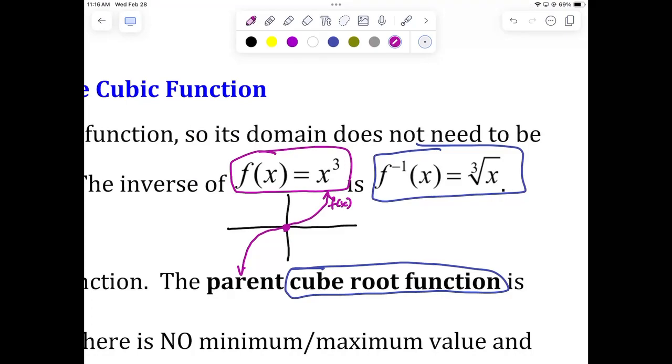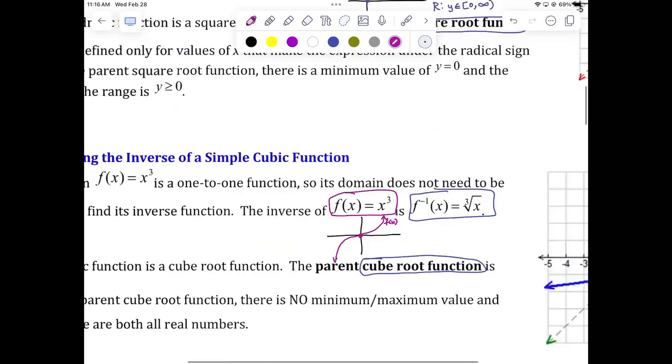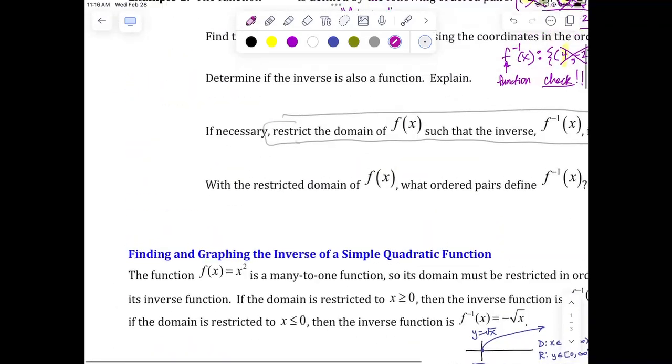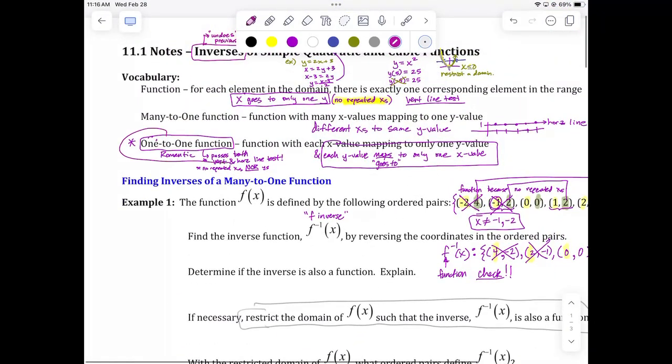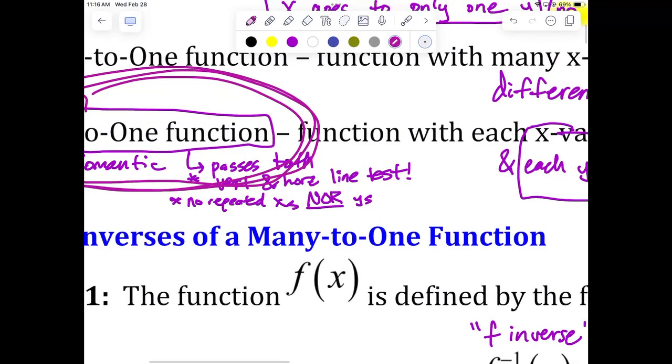How can we tell if it's going to automatically have an inverse that's a function? We have to check to see if it's what? One-to-one. Every one-to-one function will have an inverse that's automatically a function. There's only one way to code it and only one way to decode it. How can we tell graphically? It has to pass both the vertical and the horizontal line test.